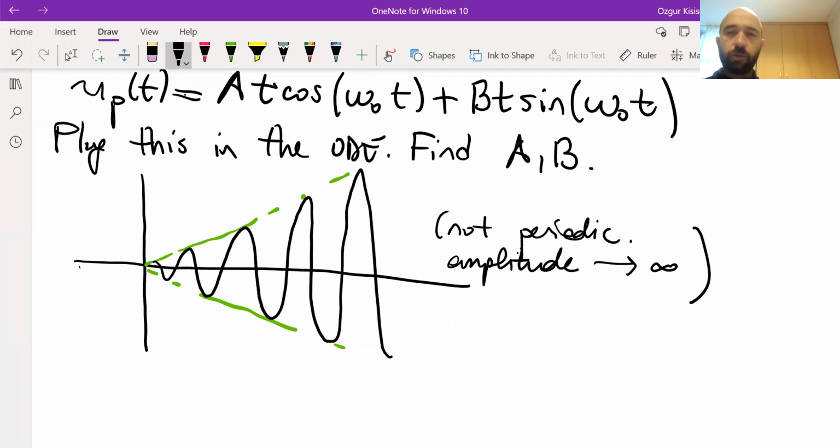And we saw this important business of the output amplitude depending on the external frequency, and more specifically, how close it is to the natural frequency. And this limiting case where natural frequency is equal to the external frequency is called resonance.